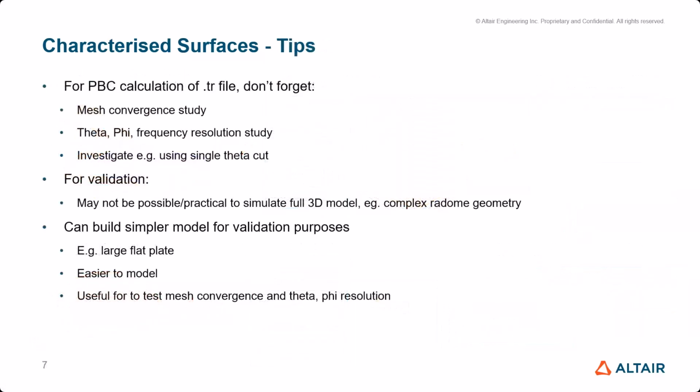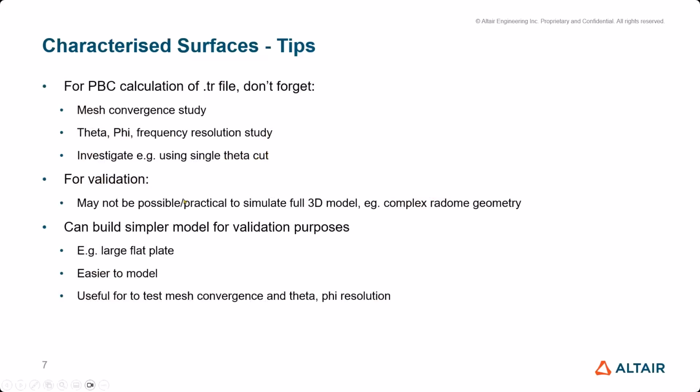Some tips here. As always, of course, don't forget to perform a mesh convergence study. I know that rarely anybody does that, but to be sure, increase or decrease the mesh size, run again and see if results are stable. Also do a theta, phi and frequency resolution study, investigating using a single theta cut.